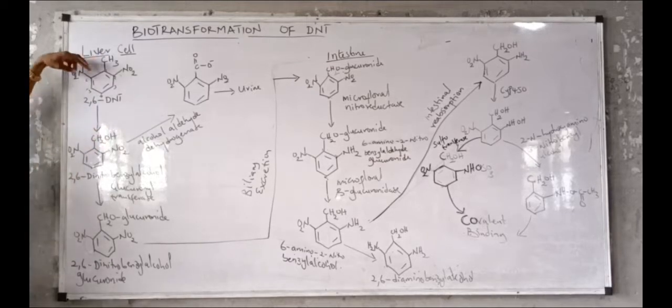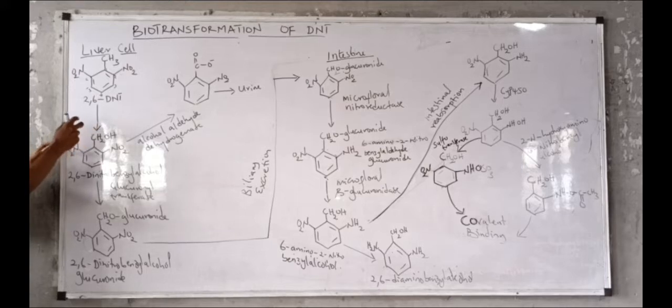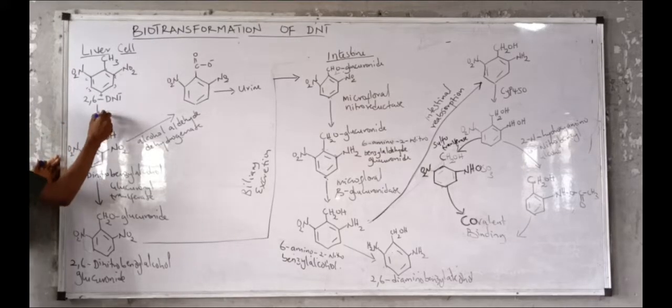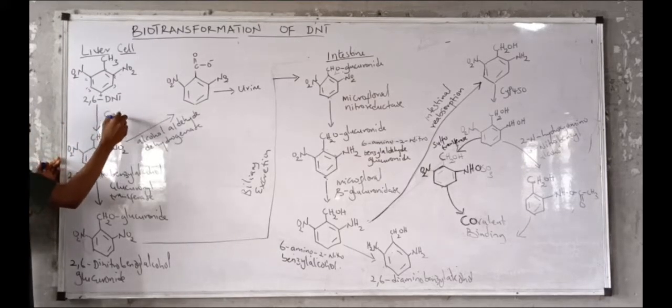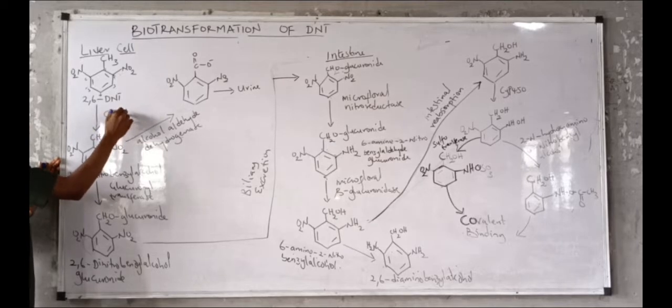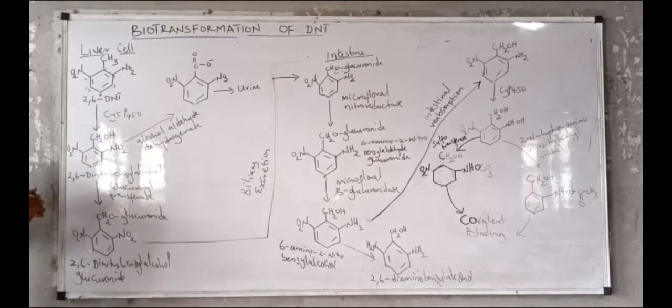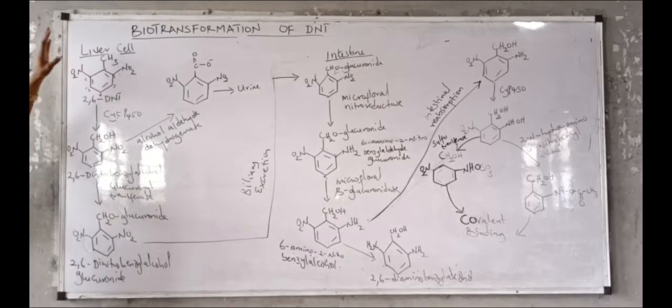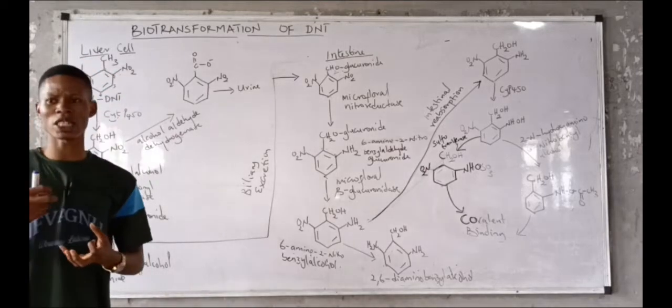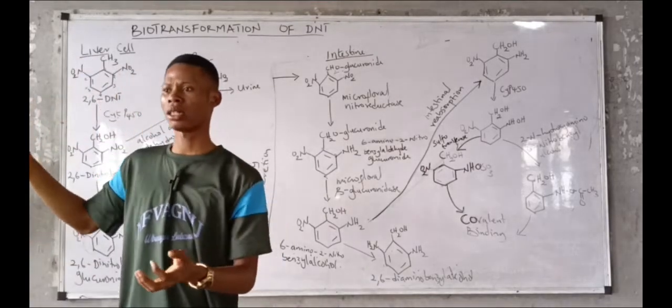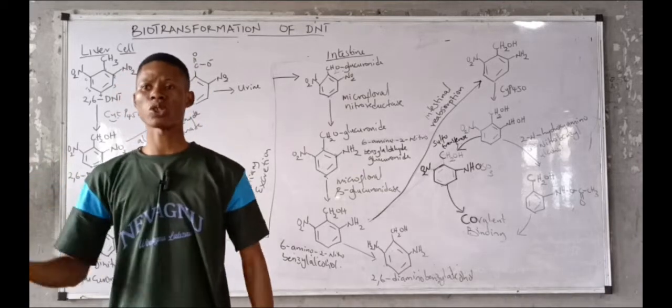No. From here, we are just adding hydroxy group. Cytochrome P450. Good. Now, so the first step in the liver cell, remember all these xenobiotics are transported to the liver, right?